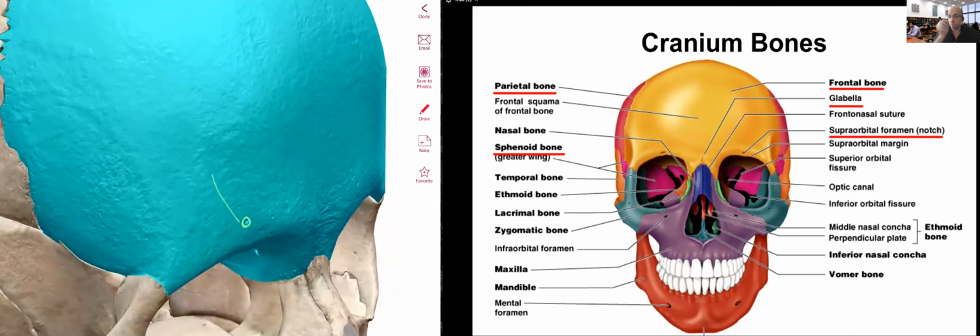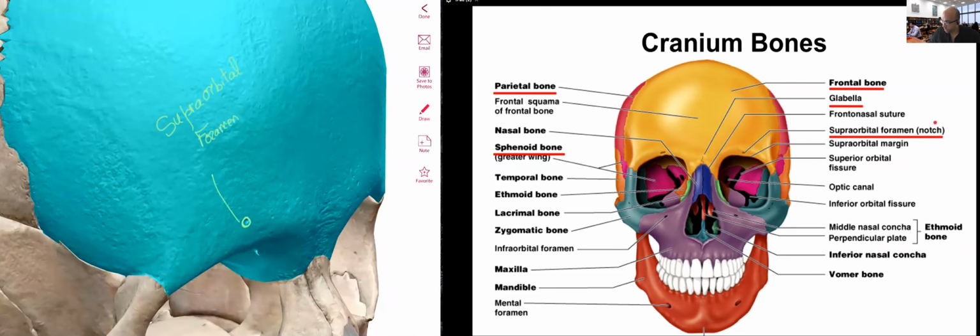Foramen means a hole. Located above the orbit, so we call it supraorbital, above the orbit, foramen. So we're looking here, this is my supraorbital foramen.